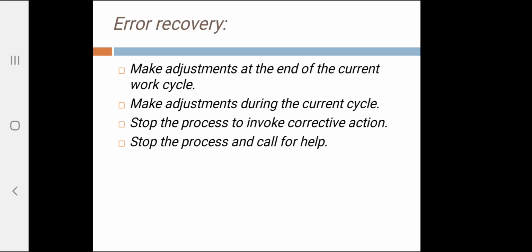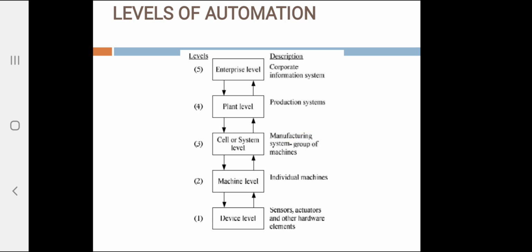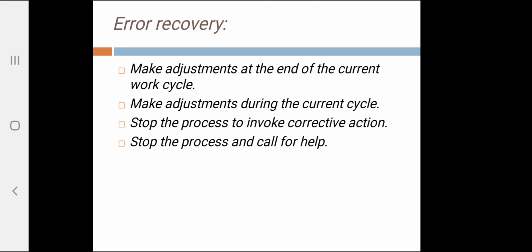Generally, a specific recovery strategy and procedure must be designed for each different error. The types of strategies can be classified as: make adjustments at the end of the current work cycle.